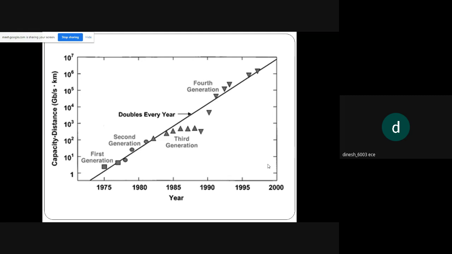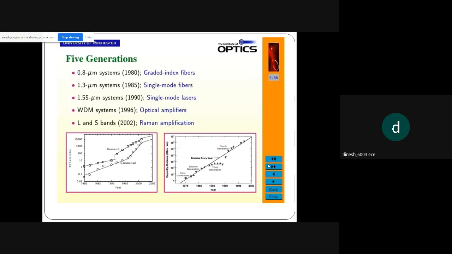Then after that, the evolution started to double itself every year. So every year there was an increase in the data rate, and till 2000 the fourth generation was dominant, which had increased the data rate to 10 power 6 gigabits per second per kilometer. So this is the generation of the optical fibers.